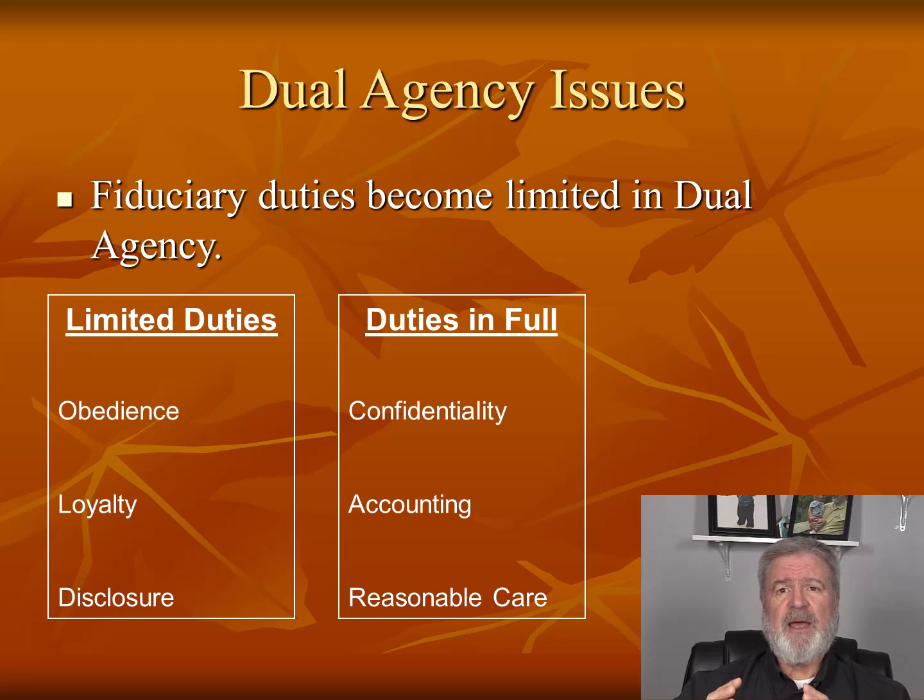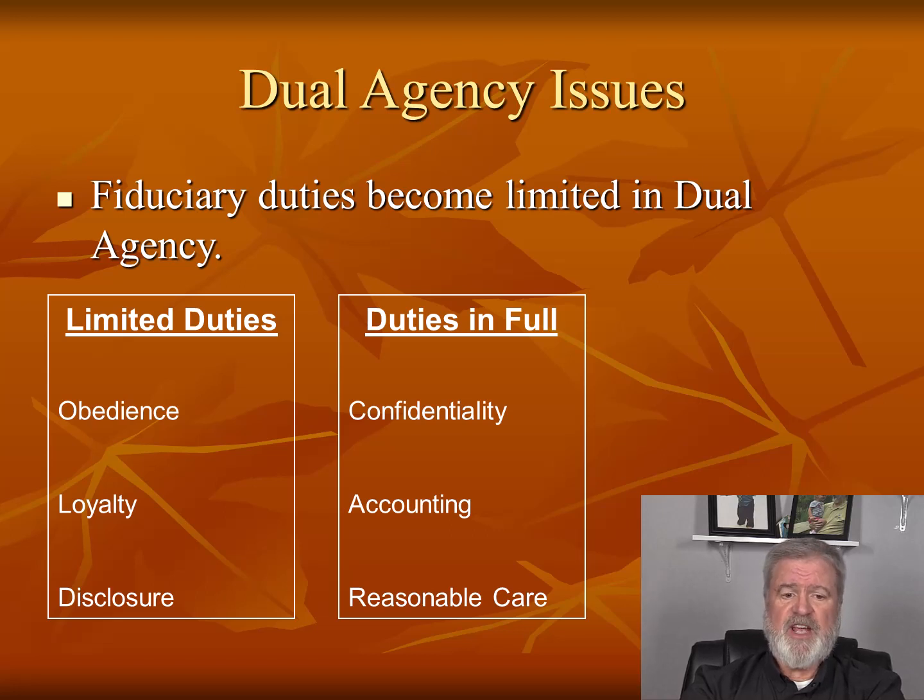And the only reason they're limited, and the way I like to explain it to my clients, is just that I can't do anything for one that's going to hurt the other. In no way will I do anything for either one of you that's going to hurt the other party. Not going to happen. Not going to do that. Now, the other 3 duties you still continue to provide in full.